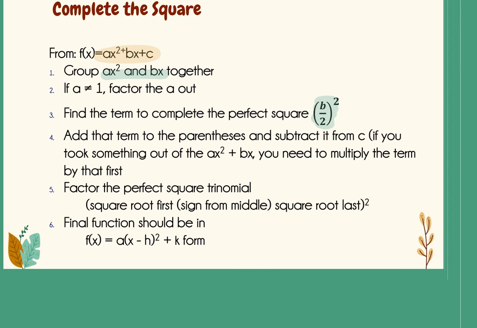We're going to add that term to the parentheses and subtract it from the C, which is also different. We added it to both sides of the equation last time. And if there's something on the front, you have to multiply that term by it before you subtract. And then you're going to factor it as the perfect square trinomial. And then you're putting it in standard form, so you are where we left off last time.